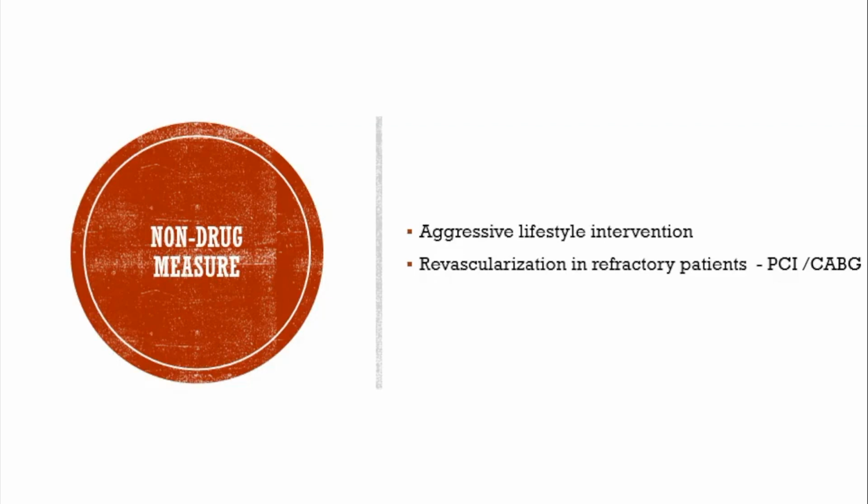PCI, which is percutaneous coronary intervention, also known as coronary angioplasty. You might have heard about it. Then we have CABG, which is coronary artery bypass graft surgery, right? So these are the two methods for revascularization in refractory patients. These are the non-pharmacological measures.